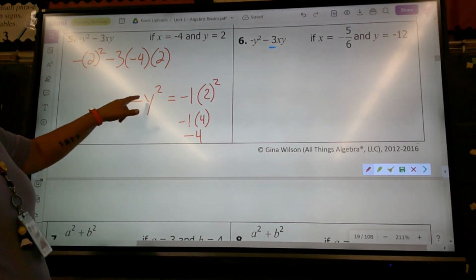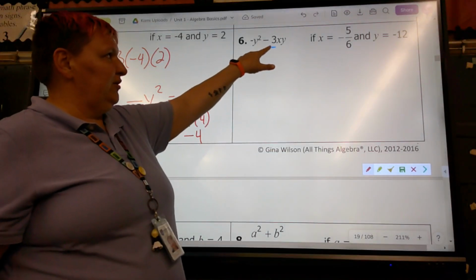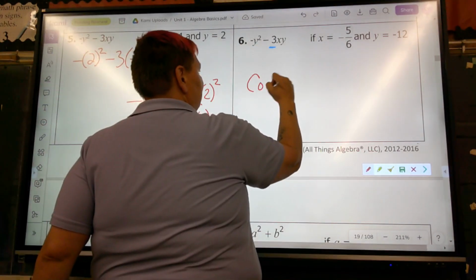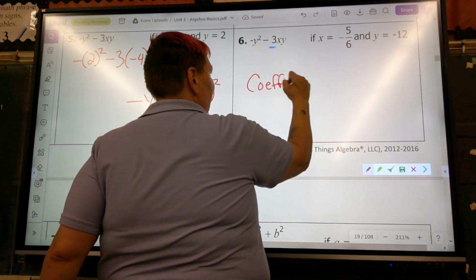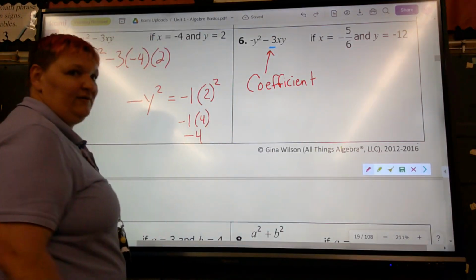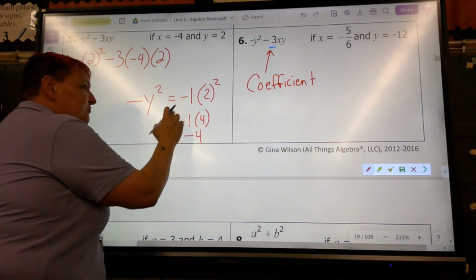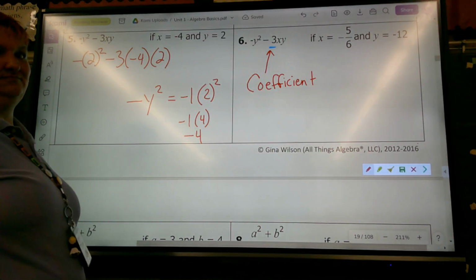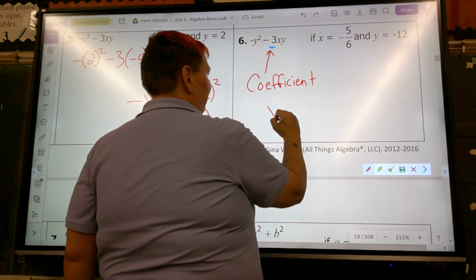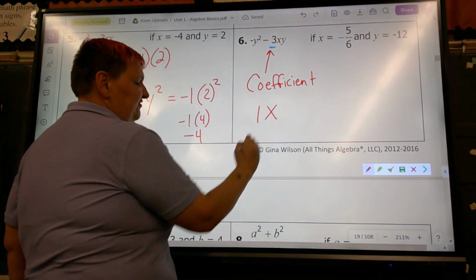If there is not a coefficient, the number before the variable is called a coefficient because it works together. If there is not a coefficient before a variable, there is an invisible 1. Whether it's negative or positive, it doesn't matter. If you have an x by itself, there's an invisible 1.